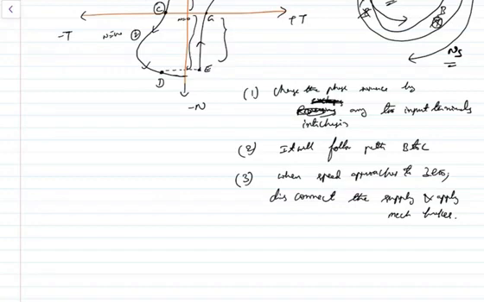If you don't disconnect, what happens? It will rotate in the opposite direction. It will again come to a stable point in the opposite direction of rotation. So you have to take this care in the case of plugging.